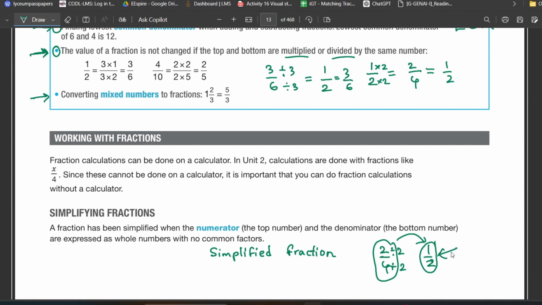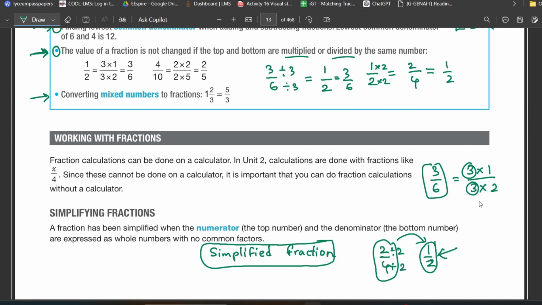If the numerator and denominator have no common factors, this is called a simplified fraction. Let's say we have 3 over 6. You can see that these two have common factors: 3 times 1 and 3 times 2. So this is not a simplified one. But when we cancel these common factors, we get the simplified fraction. Okay, I think you got the idea.